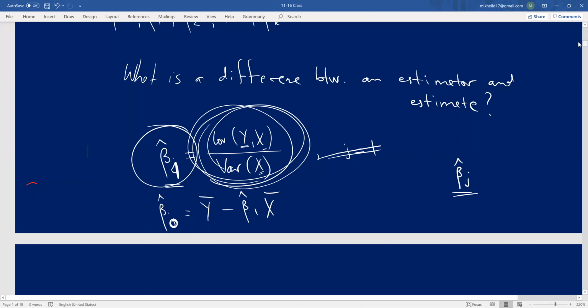Very good answer. But once you plug in the numbers for y and x, then you get the value for beta hat 1. Maybe it equals 1.6, whatever. Once you have the value, then beta hat 1 becomes an estimate.